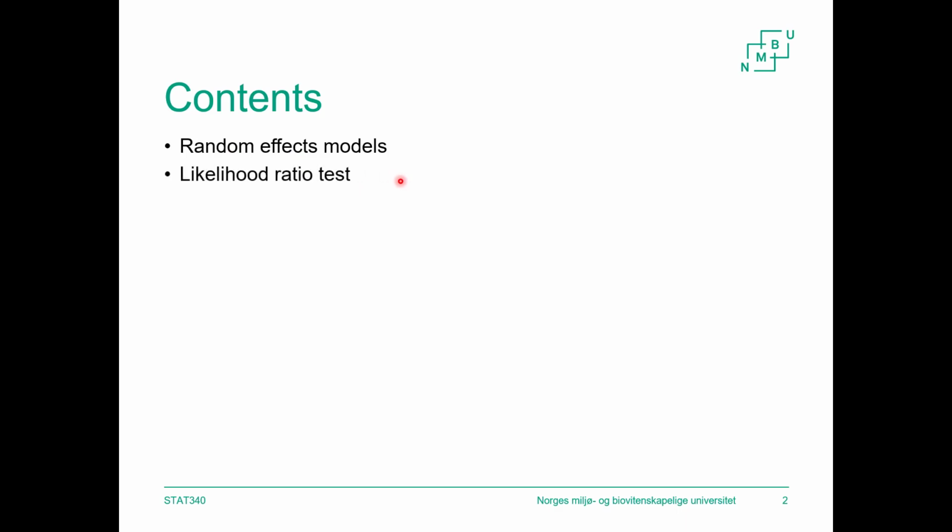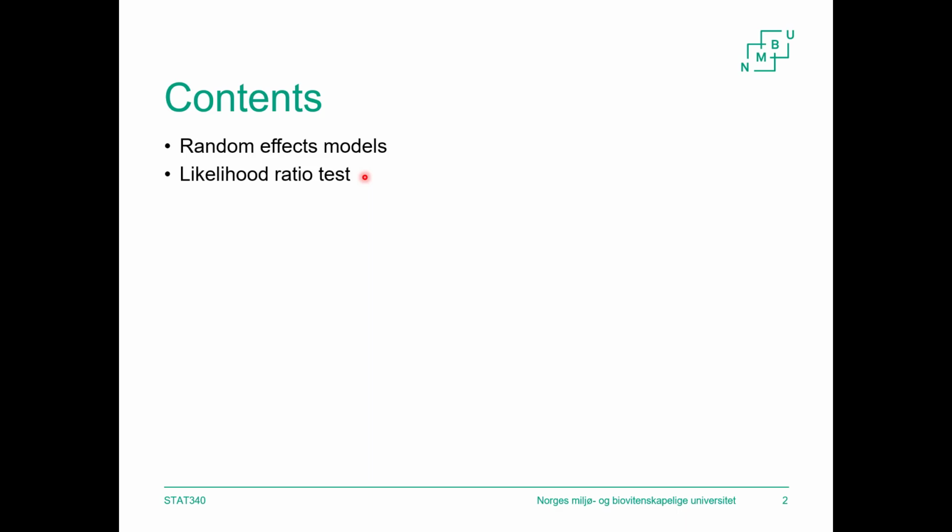We will also use this opportunity to talk about a likelihood ratio test. And this comes as an effect from using another R package for fitting mixed models. We saw one last week. We will look at another one this week, which is perhaps even more used than the one we saw last week.